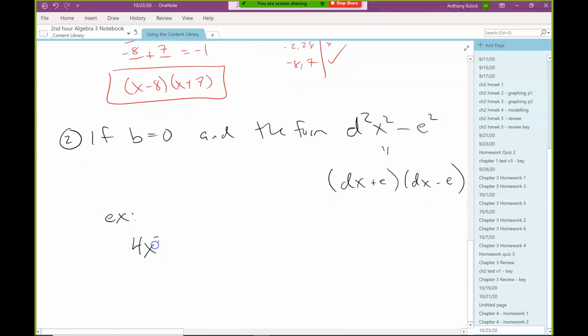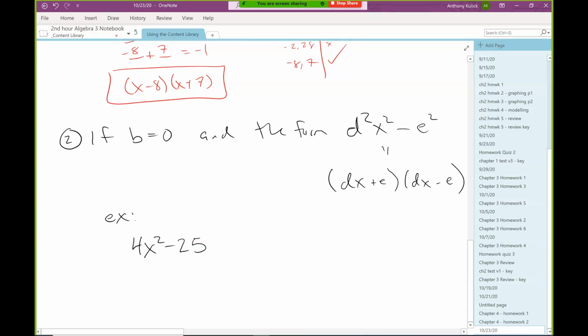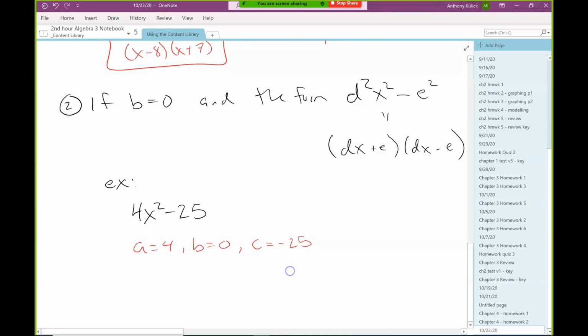So let's say we have 4x squared minus 25. So again, I'd start by identifying the values for A, for B, and for C. Since B is 0, I'm going to look at the A and C parts.